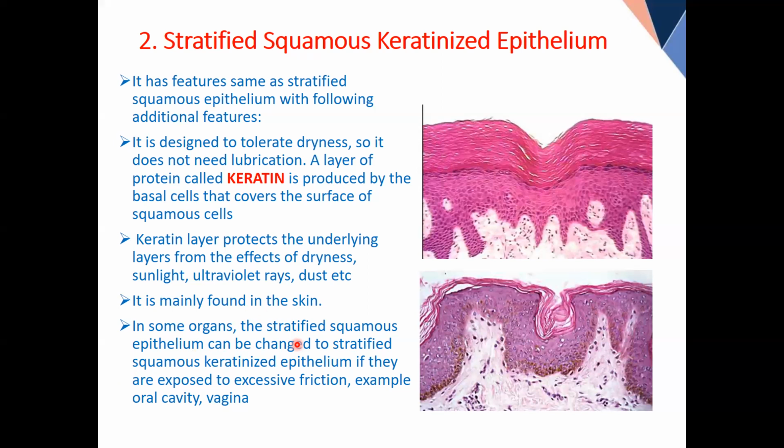But if somebody is in the habit of eating dry food all the time, using chewing gum, or the effect of friction is more and more, and there is not enough lubrication, then in order to protect the cells, the same epithelium can produce keratin to protect itself from that increased effect of friction. So non-keratinized can be converted into keratinized.